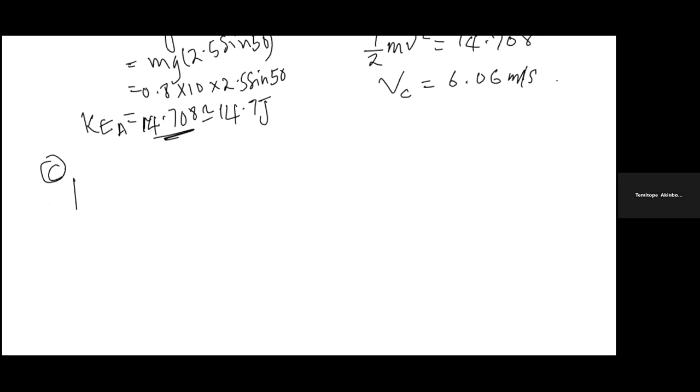Since you have gotten it, I don't know how you approached it, but you can equivalently say kinetic energy at O, potential energy at O equals kinetic energy at B plus potential energy at B. Don't forget that both kinetic energy and potential energy can happen together, which we call total mechanical energy.